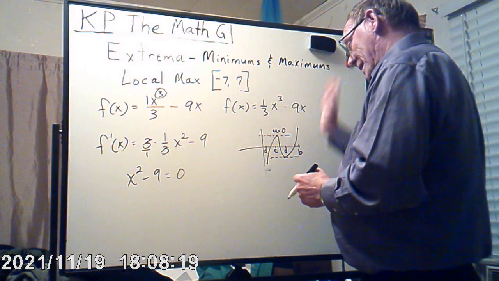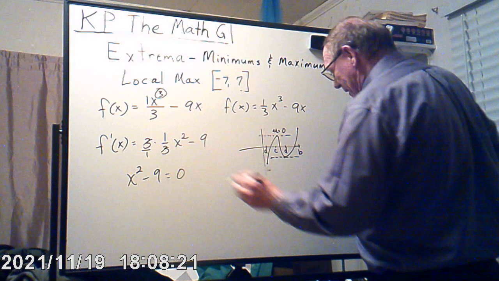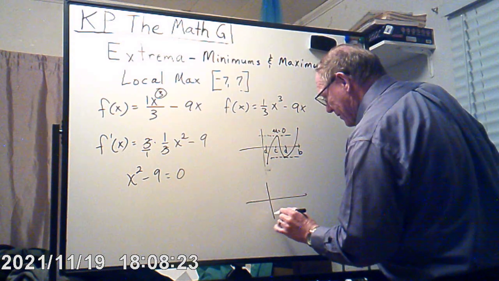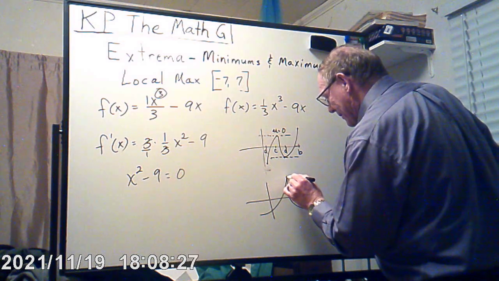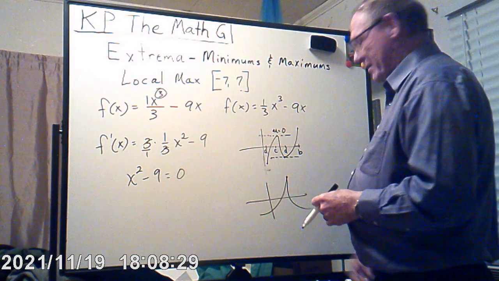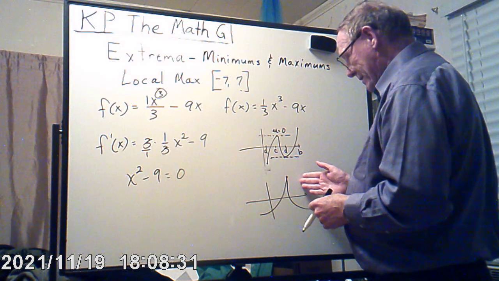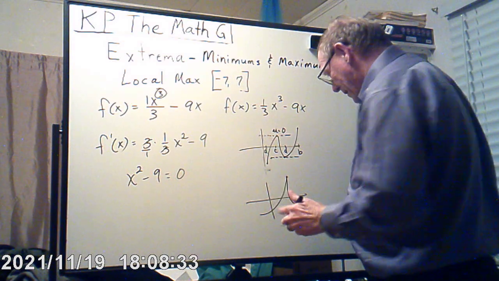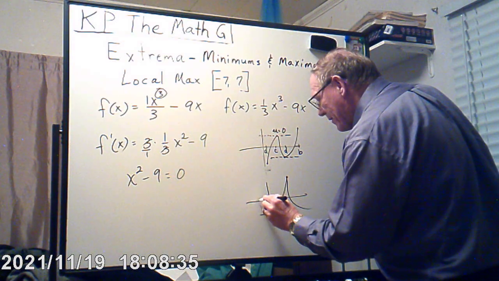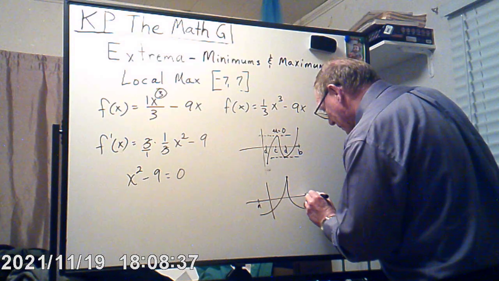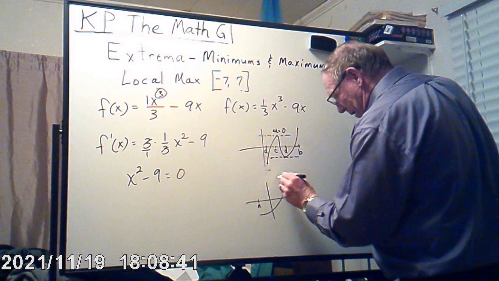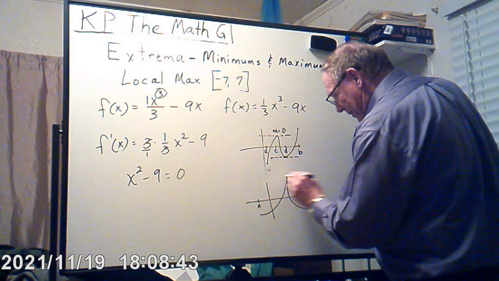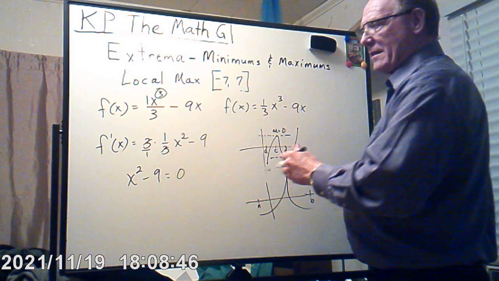Alright, and we could get into this idea that, well, what if this looks like this? Well, your function is still continuous, but the derivative does not exist at this number here, even though there's A and here's B right here. Alright, and you do have a max here, even though this derivative does not exist.